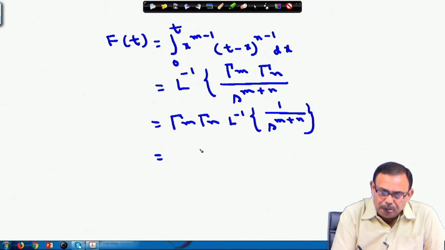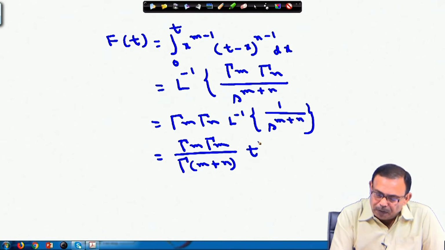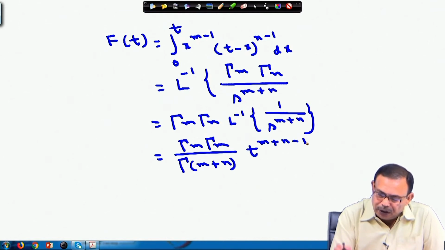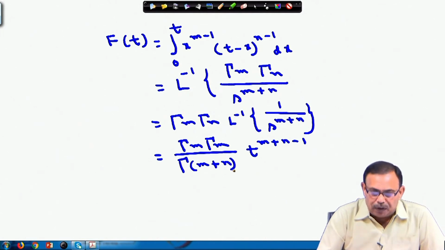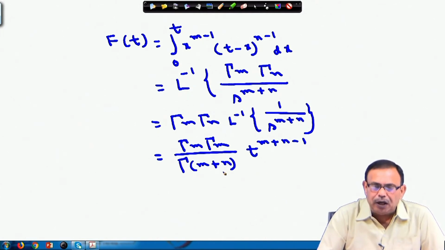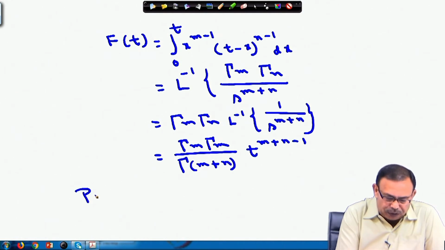So, it will be gamma m gamma n divided by gamma (m plus n) into t to the power m plus n minus 1. So, f(t) you are getting as gamma m gamma n by gamma (m plus n) into t to the power m plus n minus 1. So, now put t equals 1.